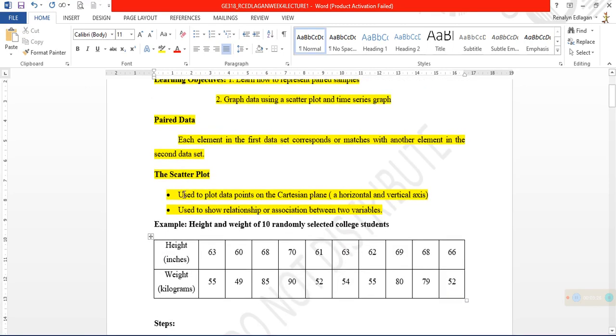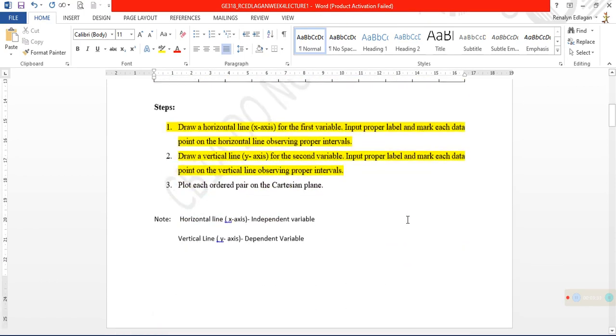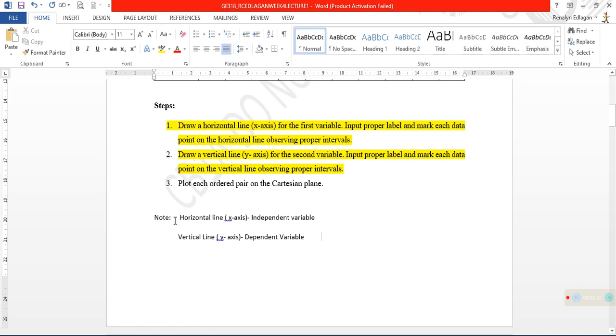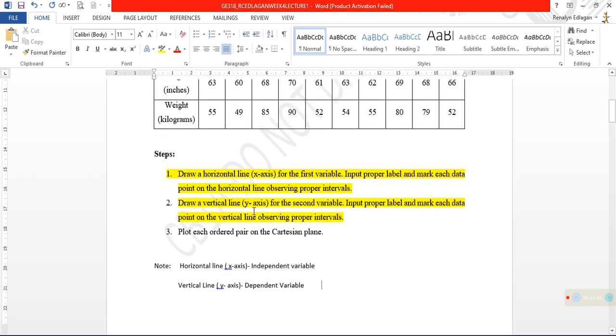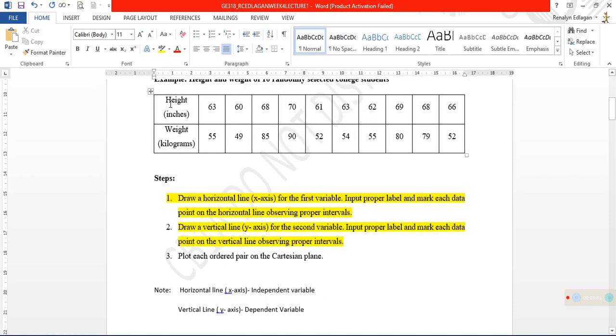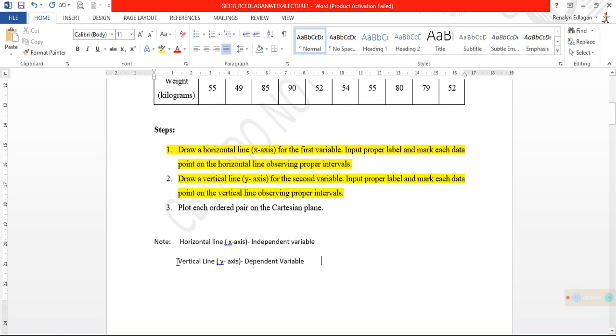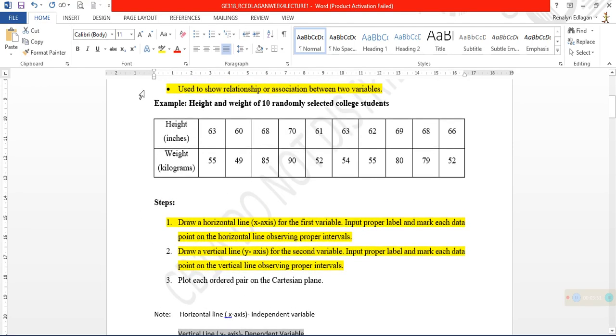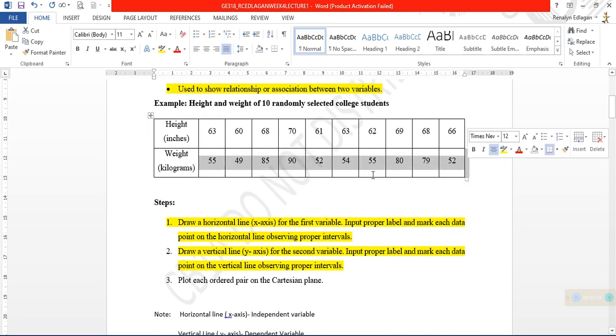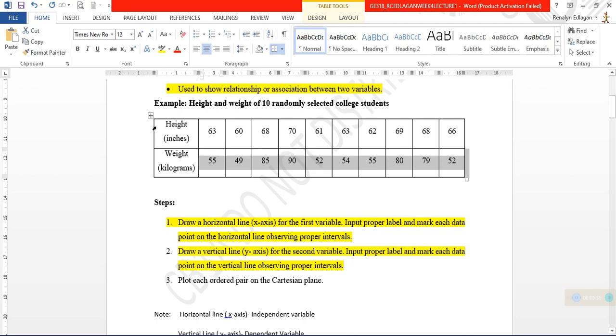When you are using scatter plot to show relationship or association between two variables, this is the convention. The horizontal line or the x-axis is used for the independent variable, the variable that will not be affected by the other variable. While the vertical line, the y-axis, is for the dependent variable, the one that relies on the other variable. In our case here, the weight of the students, we want to find out if the weight of the students is dependent on the height.